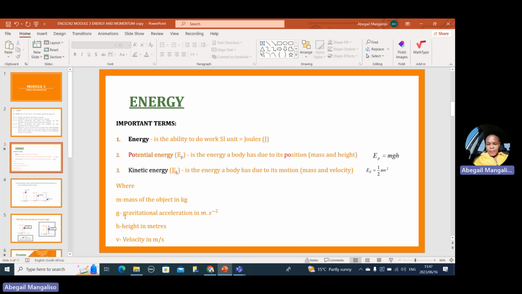So if the height is not given in meters, you change it to meters. If the velocity, when you want to calculate kinetic energy, is not given in meters per second, you first convert it to meters per second.